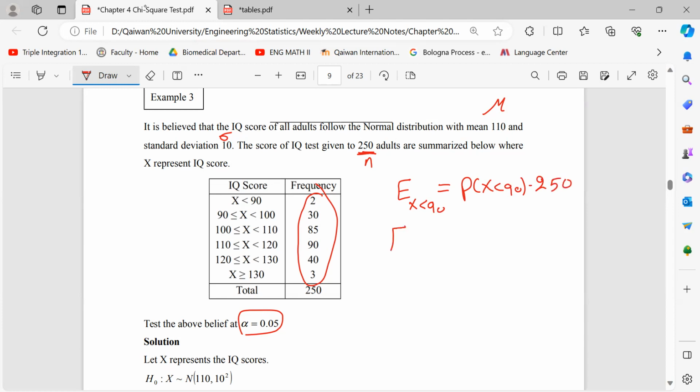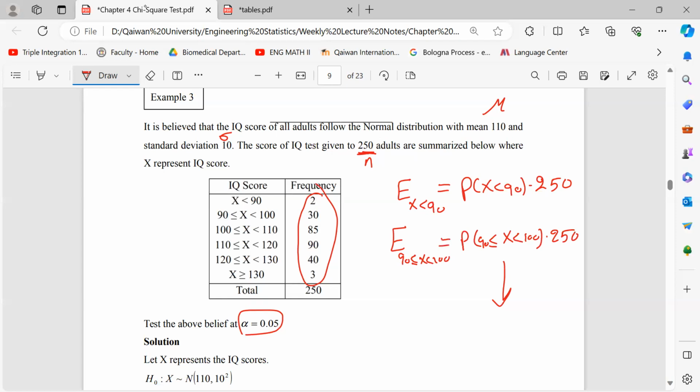Then the expected frequency for between 90 and 100 is equal to the probability of x being greater than or equal to 90 and less than 100 times 250. And so, we follow this to get all expected frequencies.